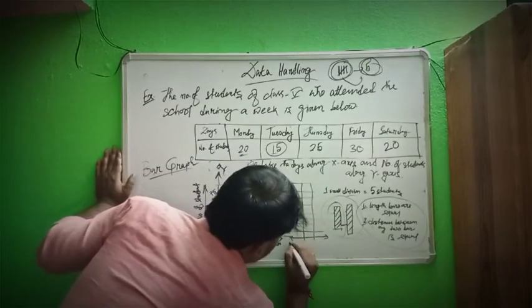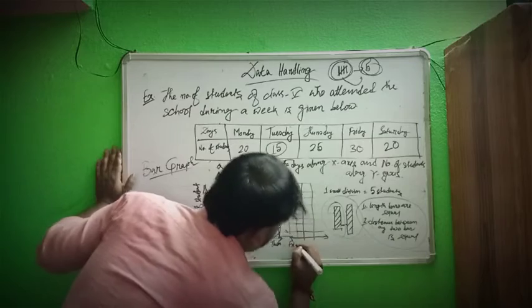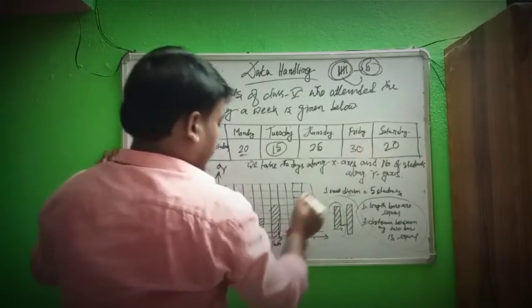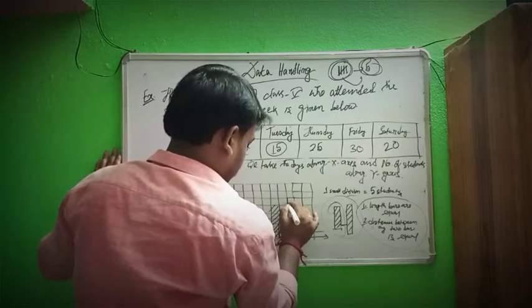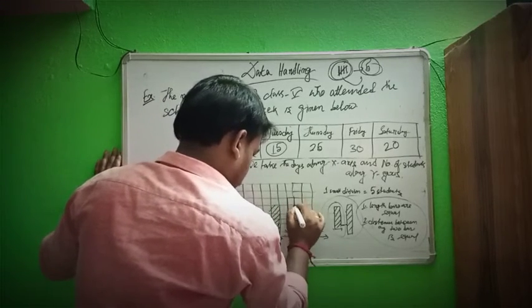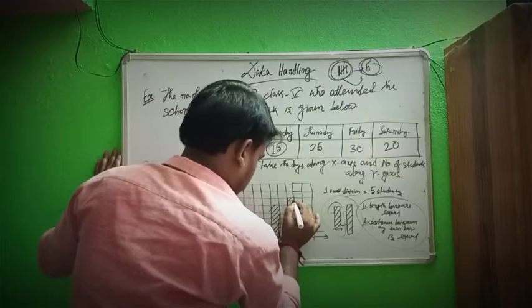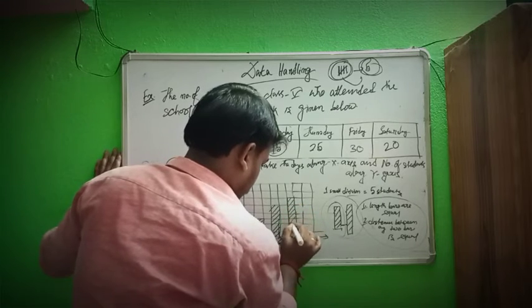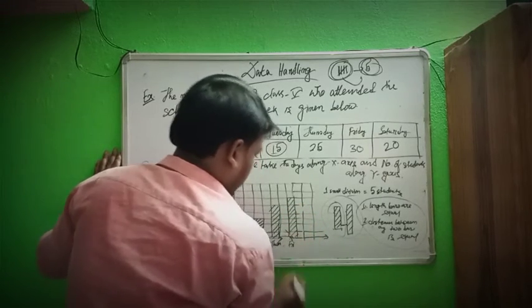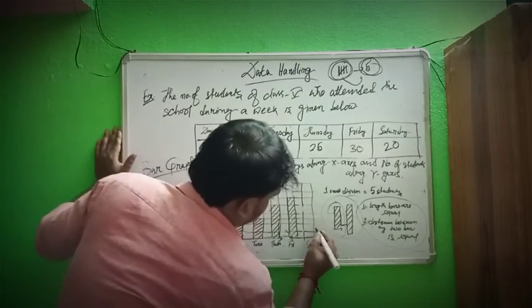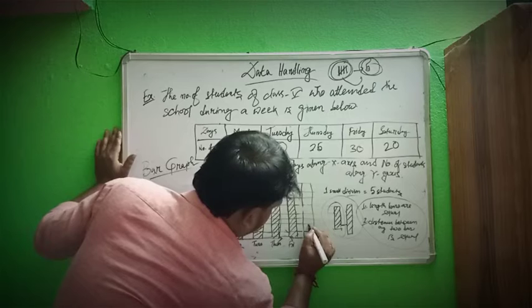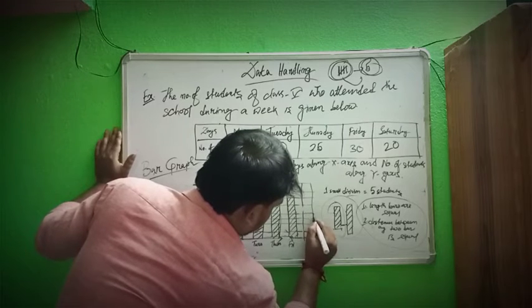Next is Friday. In Friday, there are 30 students, so the length of the bar is 30. And in Saturday, the length is 20: 5, 10, 15, 20.